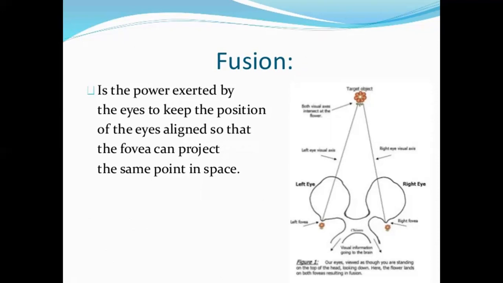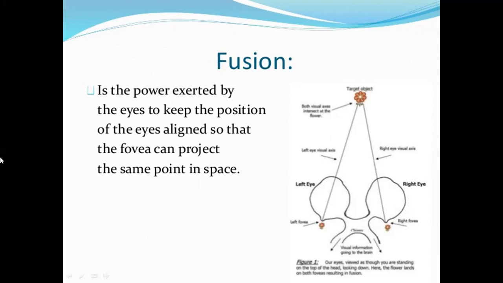Means ये क्या करता है, eyes का जो alignment है उसके position को वो straight रखता है, correct करके रखता है, so that the fovea, जिसके कारण से जो fovea है वो क्या करता है, it can project the same point in space.